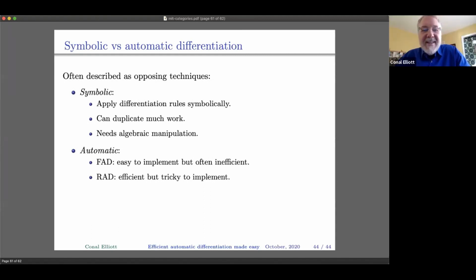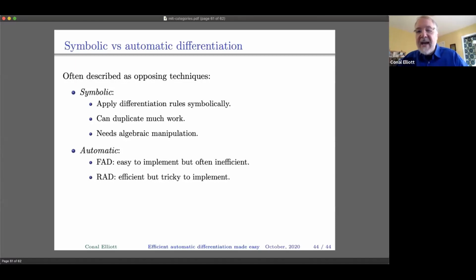Perfect. All right. So the literature of automatic differentiation typically says that there's three ways to approach differentiation on a computer. One is numeric approximation, which is not even correct. And then there are these other two, which are called symbolic and automatic differentiation. And the AD literature says, well, of course, automatic differentiation is a good one.